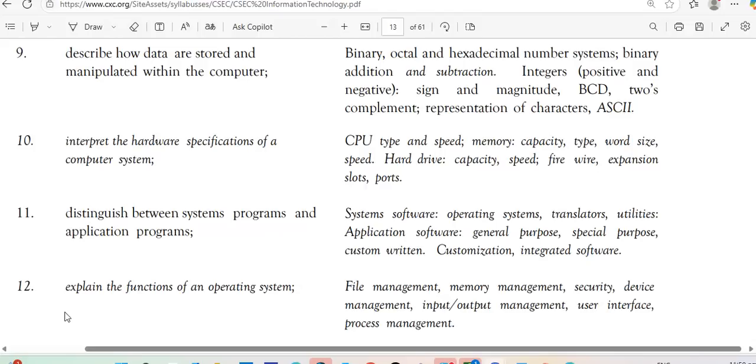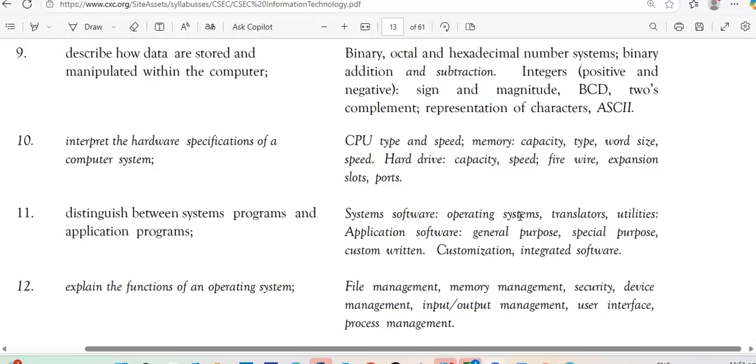Now, what do you remember about system software? System software refers to programs that manage and control computer hardware resources, providing a platform for running application software. The key components of system software include operating systems, which manage the computer hardware resources and provide common services to application software.